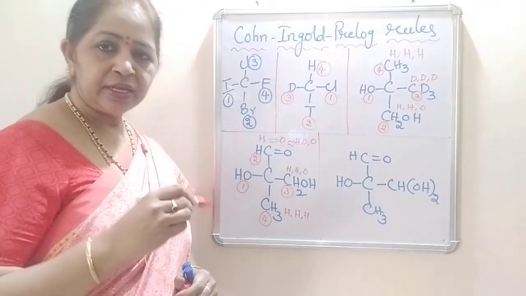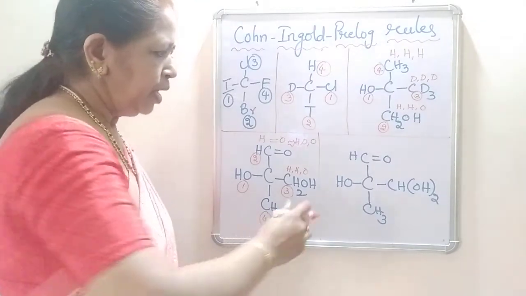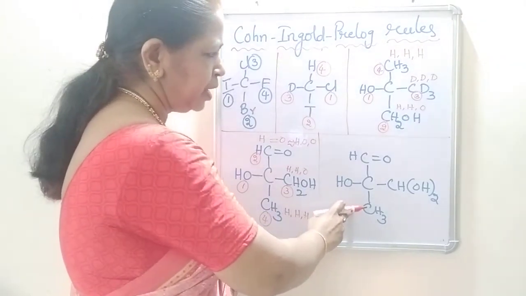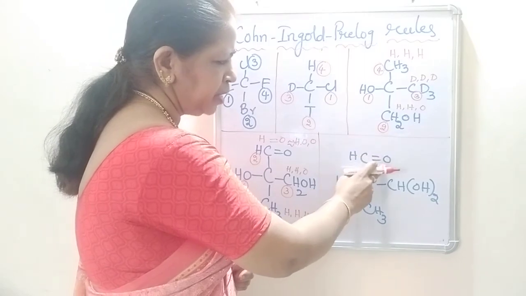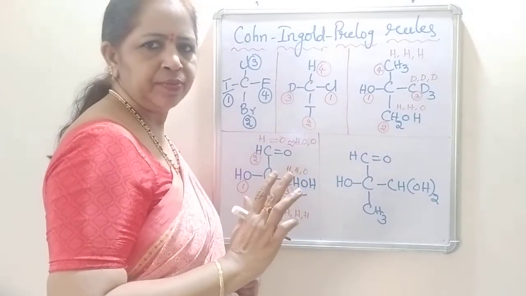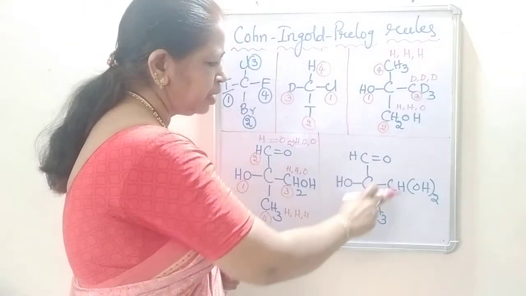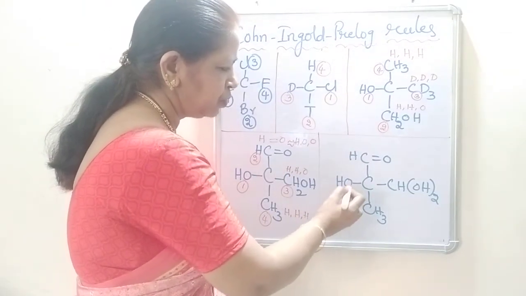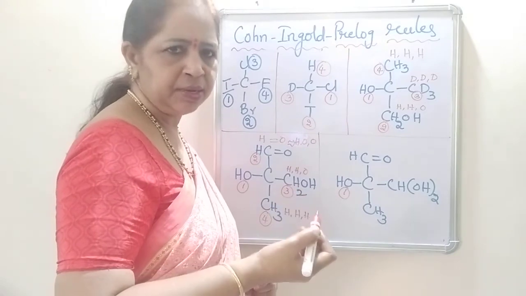Next, there is one more point. In this example, you can see there is a double bonded oxygen and there are 2 OH groups really present. Now, the first priority will be given to the OH group because O is the highest atomic number atom.